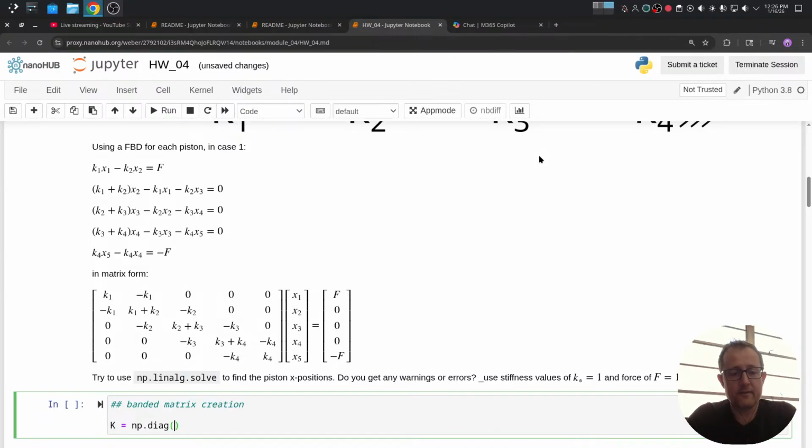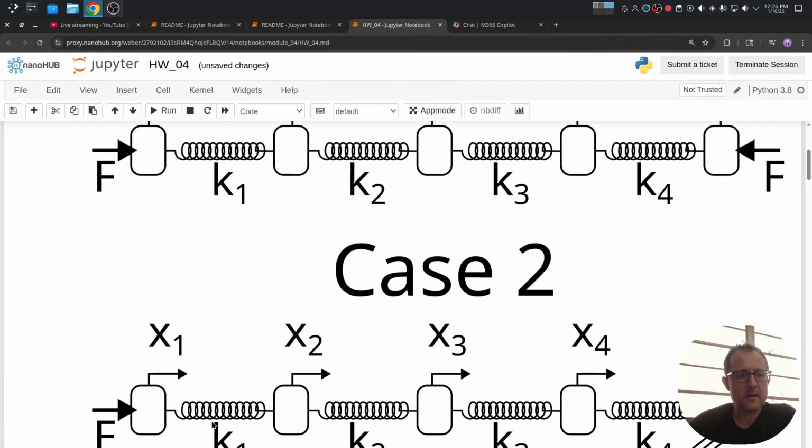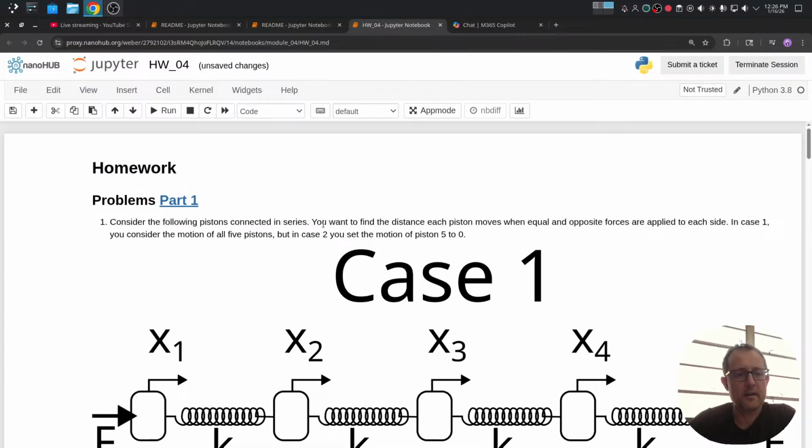So if I have a diagonal, let's call this one ones, np.ones of 5. I'm going to create a vector that has 5 ones in it. And I probably need to import my libraries, I don't have it up here.